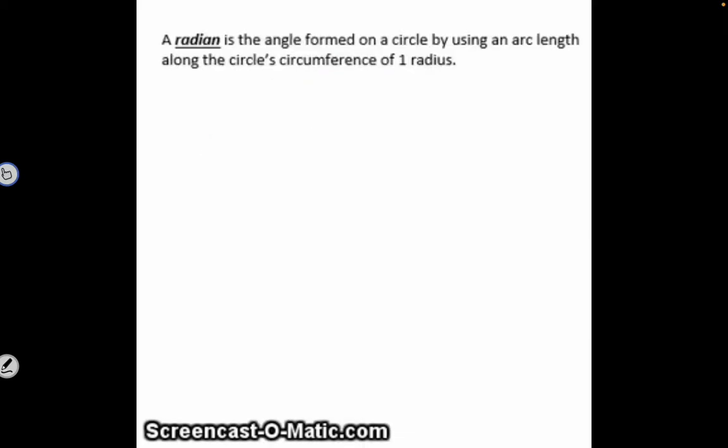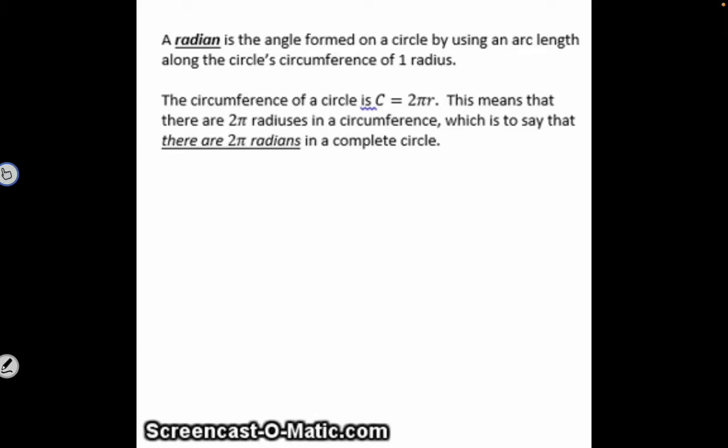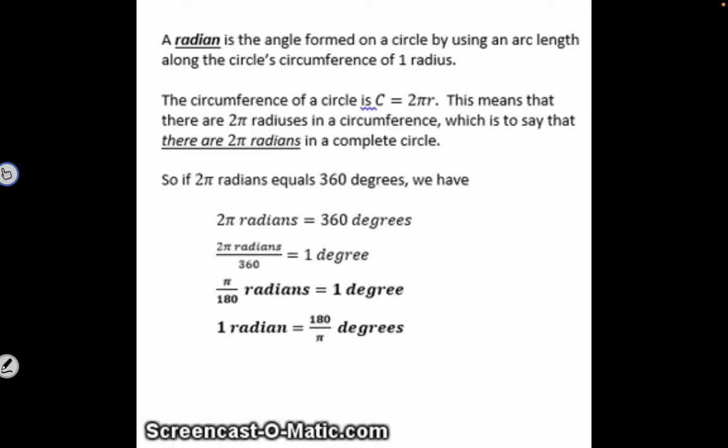A radian is the angle formed on a circle by using an arc length along the circle's circumference of 1 radius. The circumference of a circle is 2 pi r. This means that there are 2 pi radiuses in a circumference, which is also to say that there are 2 pi radians in a complete circle. So, if 2 pi radians equals 360 degrees, then we have the following conversions.